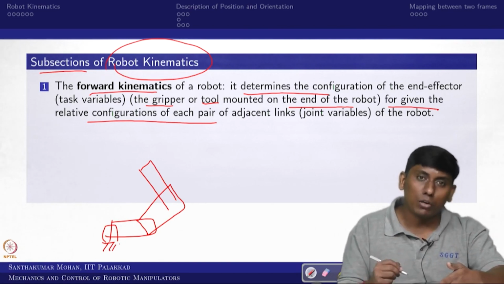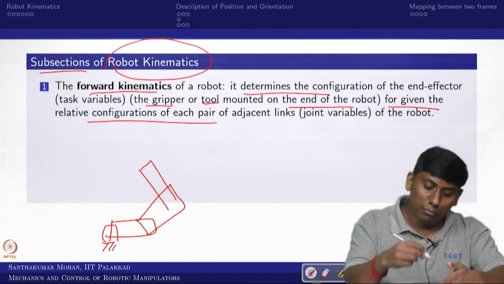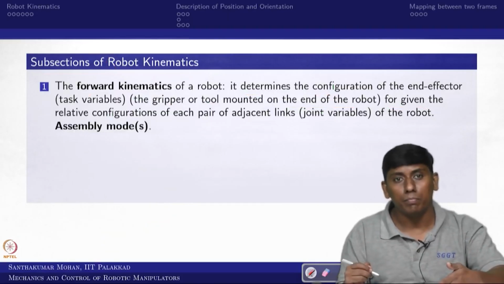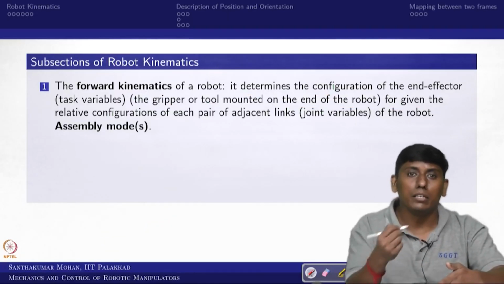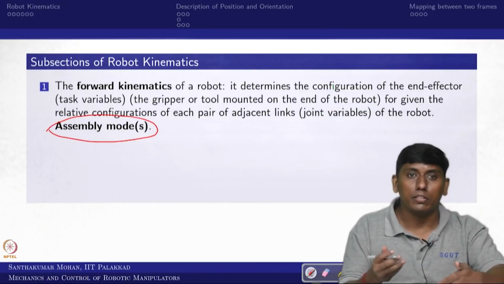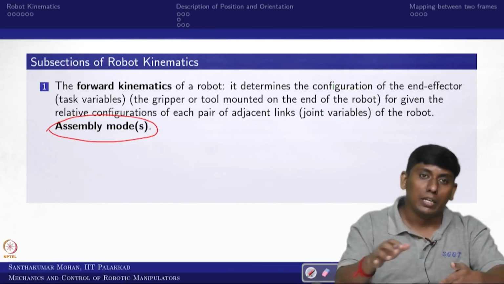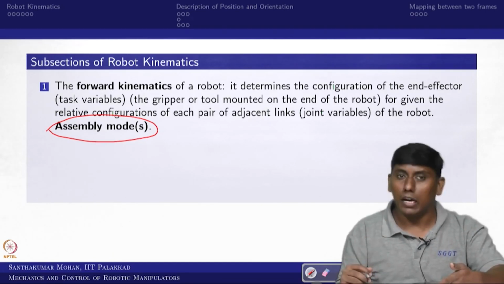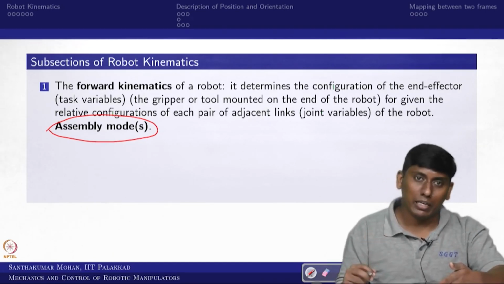In the parallel robot community, we call forward kinematics the assembly mode. You assemble the set of bodies in such a way that you get the final end effector. You take the free body, put it and assemble it, so that you get some kind of mode. That is what you call assembly mode. I hope this is clear.